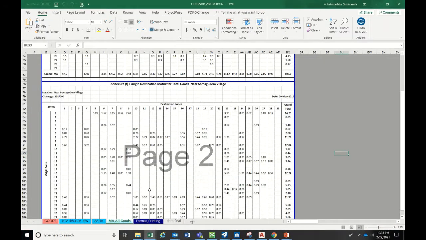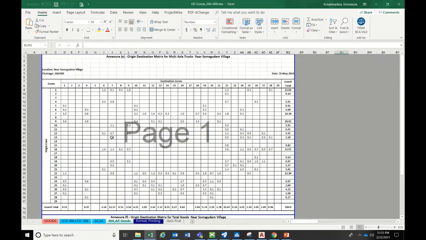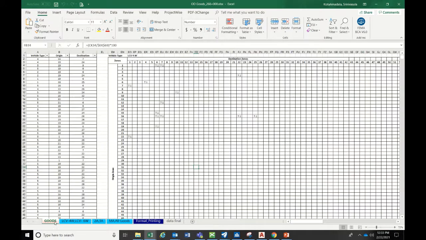I will show you. Can you see? This is the important sheet. See, the vehicle types are bifurcated, and whatever sample we used in the axle load survey should be present here, but with some extra details, origin and destination.